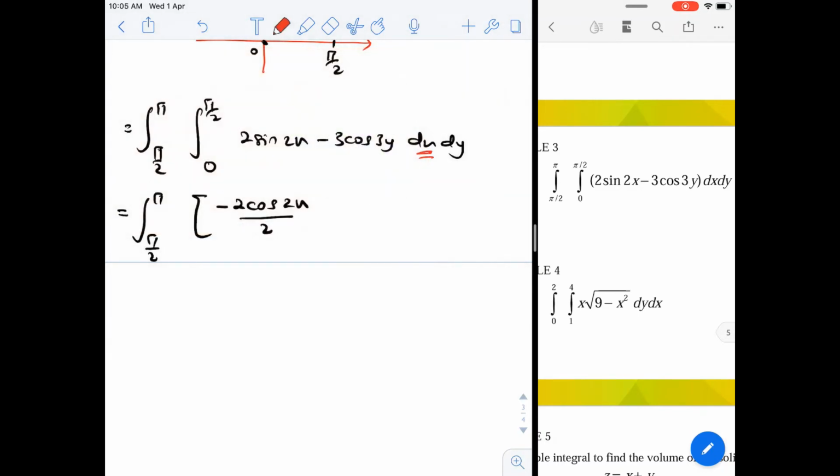Negative cos 3y means the whole thing becomes the constant because there are no x here. Okay, so since all of these are just a constant, integrate constant with respect to x, we will get the constant multiplied by x. Thus, we can get negative 3 cos 3y multiplied by x, or we can write the answer like this, negative 3x cos 3y.